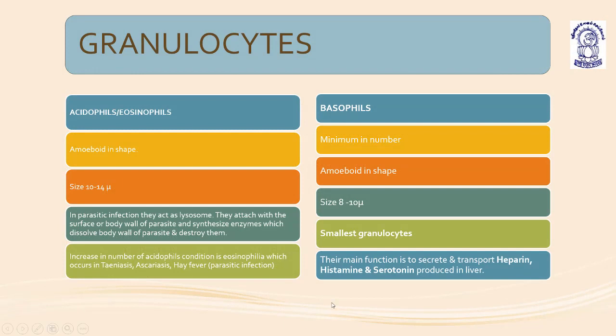Now, granulocytes. Acidophils, also known as eosinophils, are amoeboid in shape. The nucleus is two-lobed. They have coarse granules which take the acidic stain, eosin.